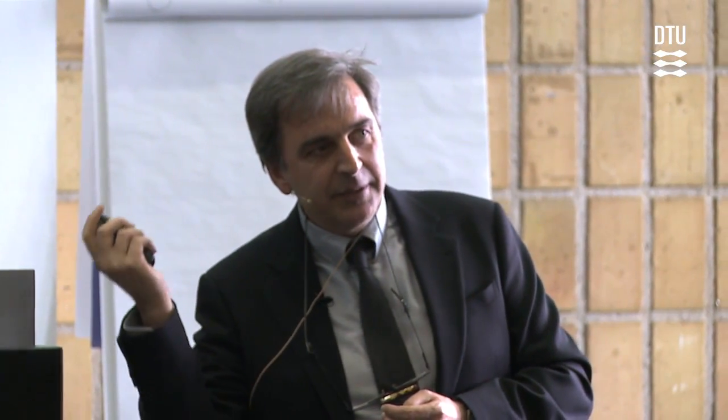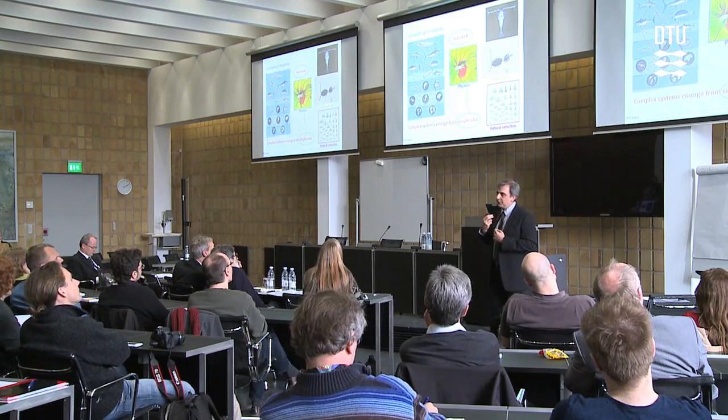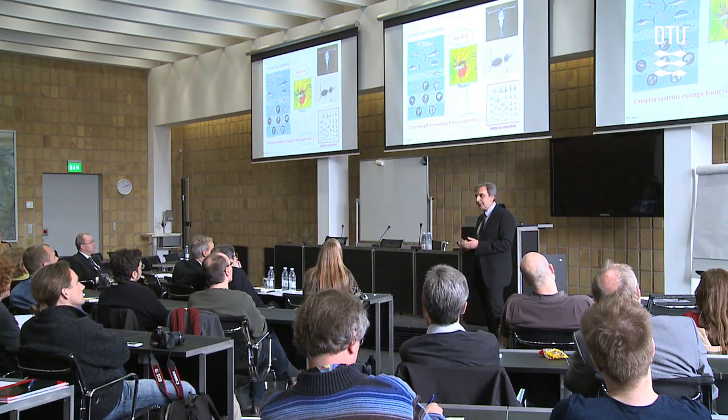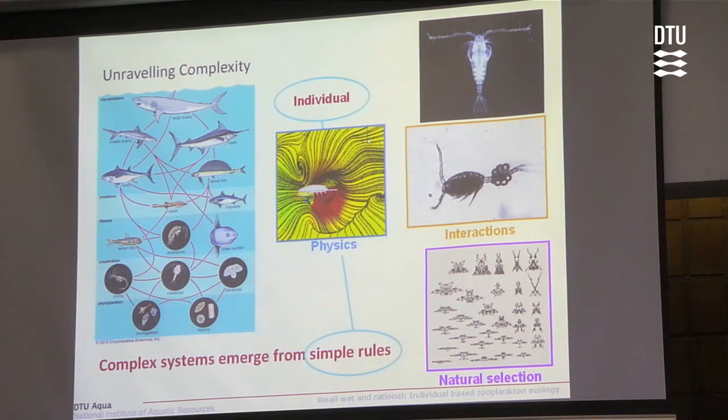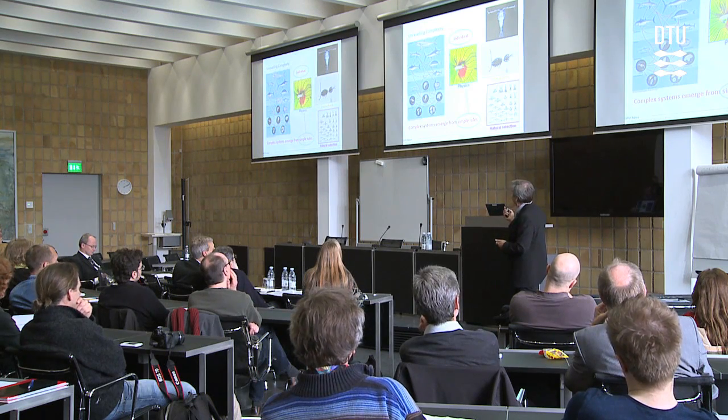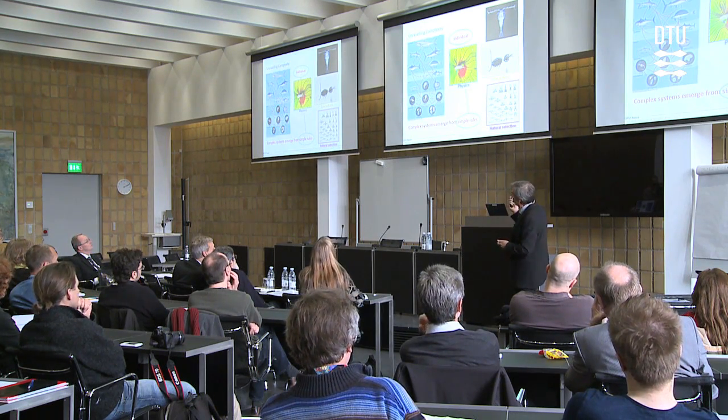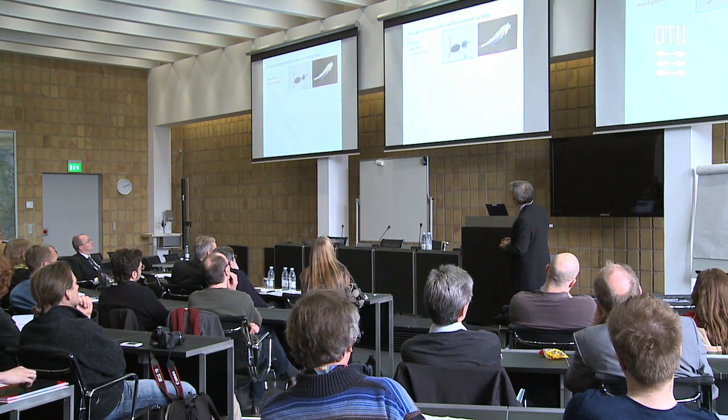And the third reason why individuals are important is that it's at the level of individuals that natural selection takes place. In other words, the evolutionary processes that drive the shaping of species are enacted at the level of individuals. So that's individual-based zooplankton ecology.